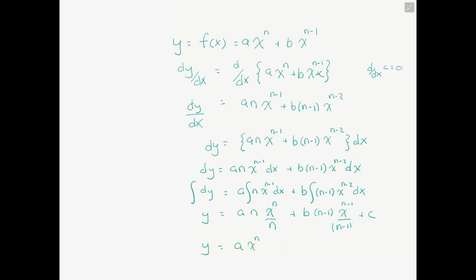We got y equals a x to the n plus b x to the n minus 1 plus c, which was our original function at the very beginning.